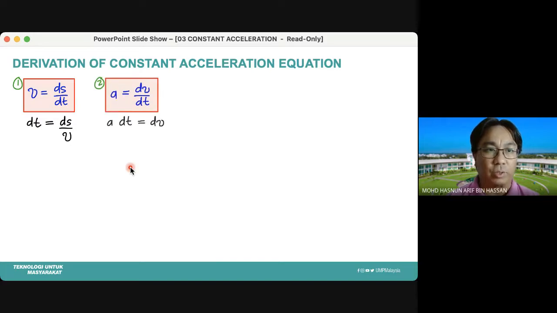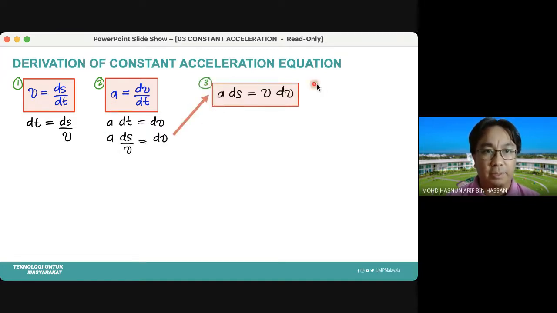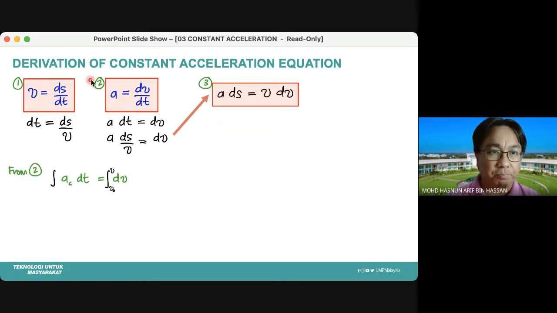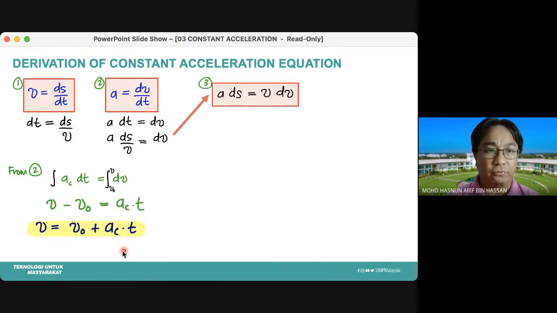Basically we can rewrite the first and the second basic equations into the third equation. These are the three basic kinematic equations, and from the second equation here we can derive the first equation in the case where the acceleration is constant.